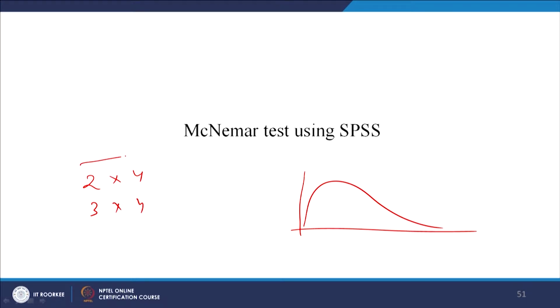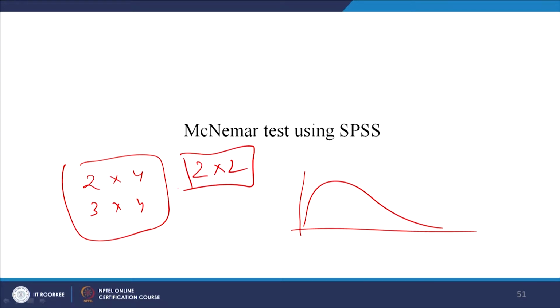This kind of study can be done in a chi-square test, but when you do a McNemar test, it is restricted to only a 2 cross 2 contingency table. This is the limitation of a McNemar test, otherwise the distribution that it follows is similar to the chi-square distribution. So, how do you do this McNemar test using SPSS?